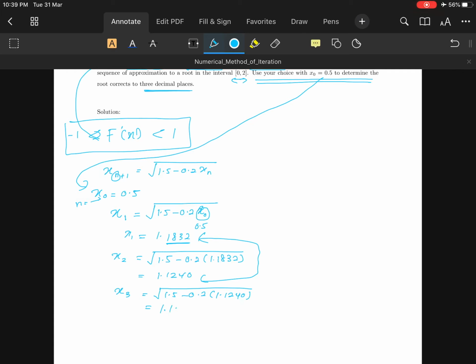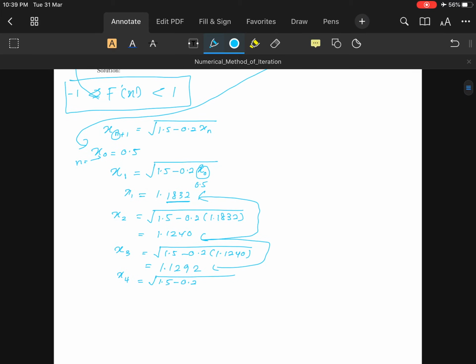All right, so the value is 1.1292. Now the difference is less, but we still want to check again. So you repeat this for x4.